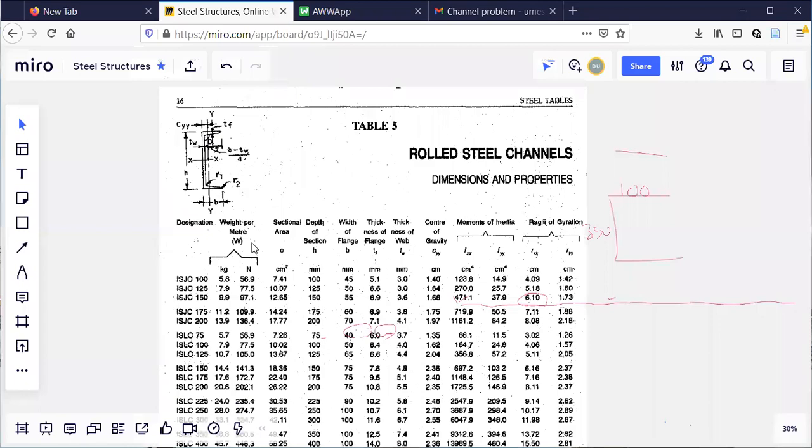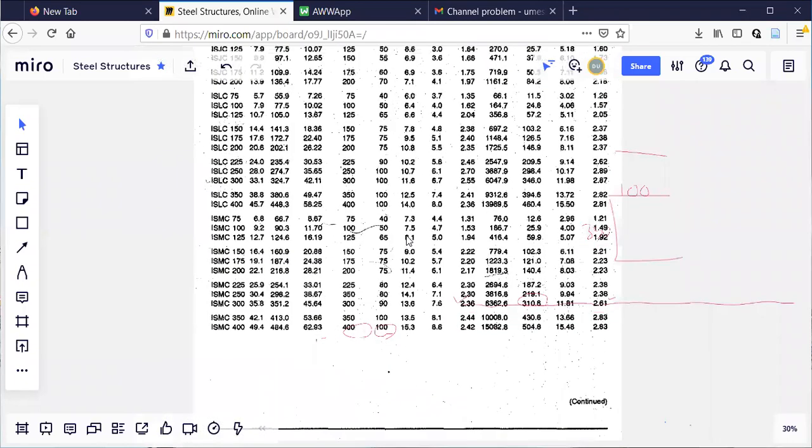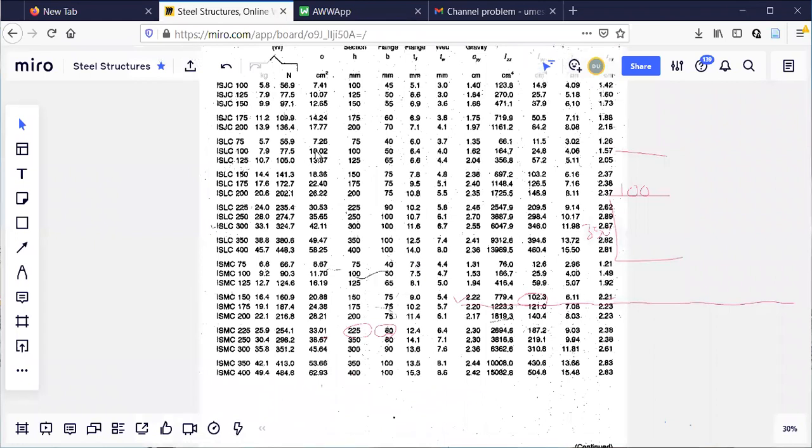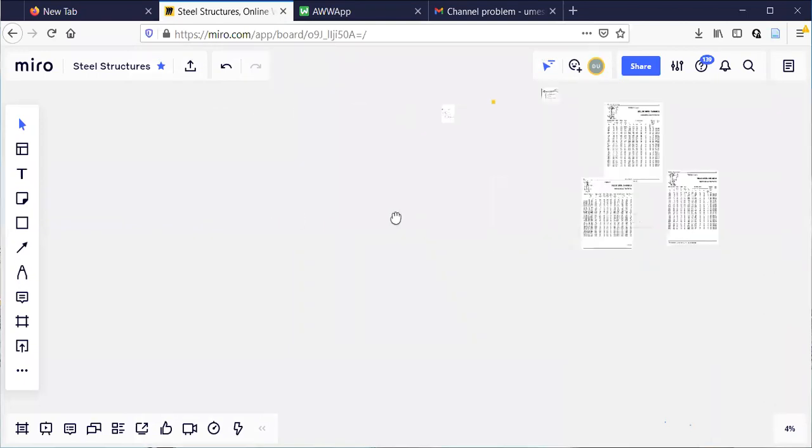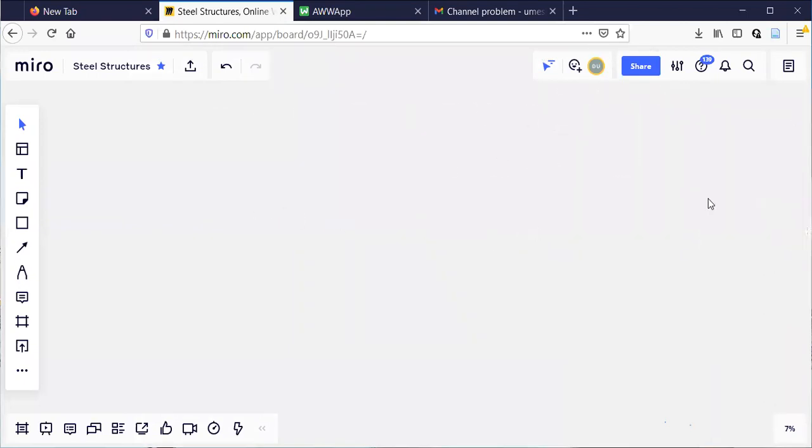Flange and webs are there. So like this, all the properties you can get if the problem is framed in that way. It means you have to refer to the specific page and get all those geometrical properties. Is it clear, this one?